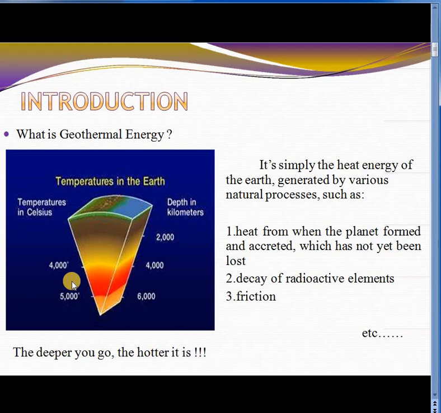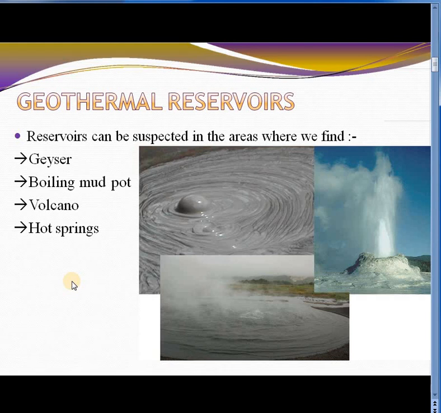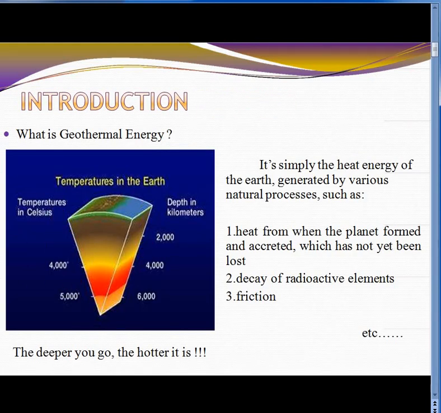Geothermal energy is one of the renewable energy resources which is replenished by the water falling as rain, that goes into the earth's surface, and then we use it again for different applications.